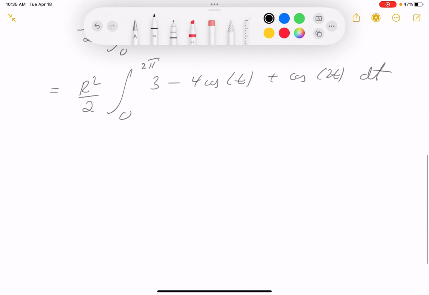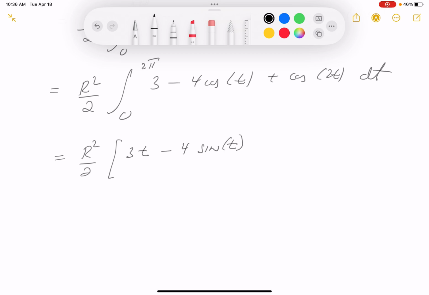Well, I got some integration to do now. It doesn't look bad. I also know what I'm aiming for. They told me it's going to be 3 pi r squared, but I don't know that yet. Maybe there's a mistake somewhere. Let's write this down. It's going to be 3t minus 4 times the antiderivative of cosine. That's going to be minus 4 sine of t.